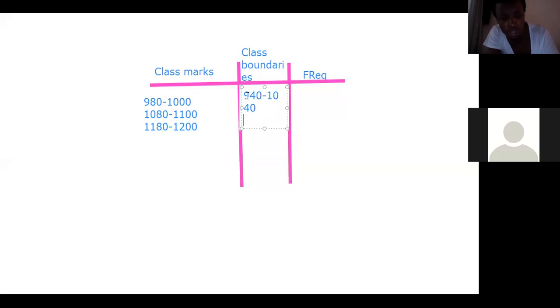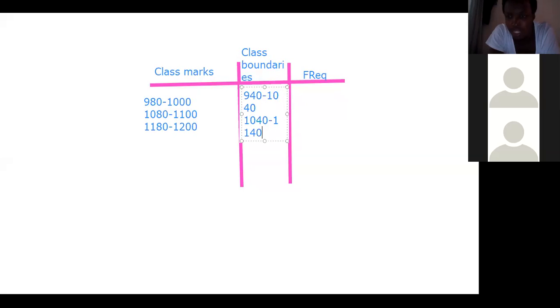And the next one will become 1040 to what? 1140. And so on and so forth. So that is it. You just have to understand how the formula works. That's what we call the class boundaries.